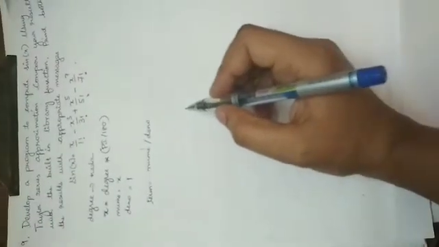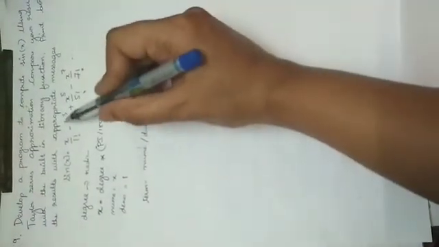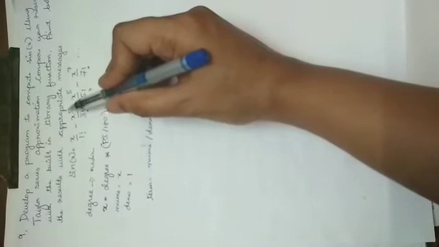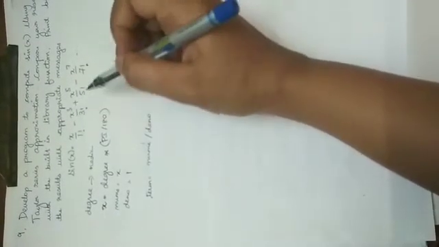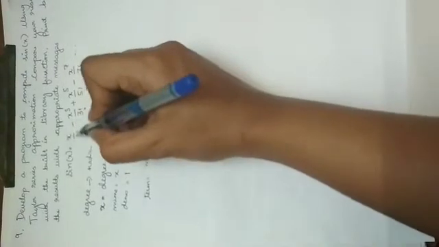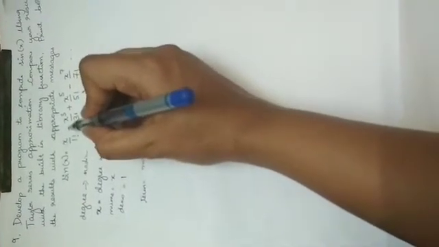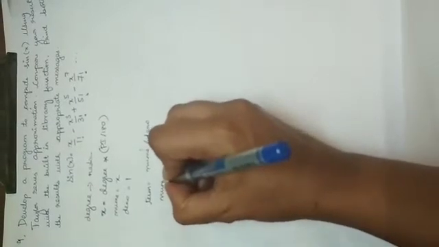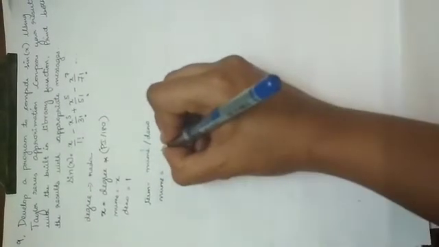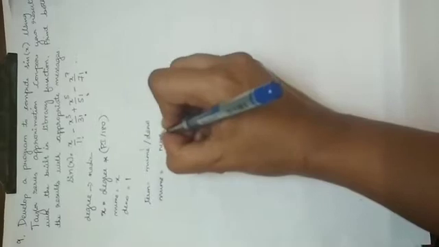Now how to prepare my numerator for the next term? I have to get x cube. How can I get x cube? x is already there, and I have to multiply by x two more times. So my numerator is the previous numerator, into x, two times.